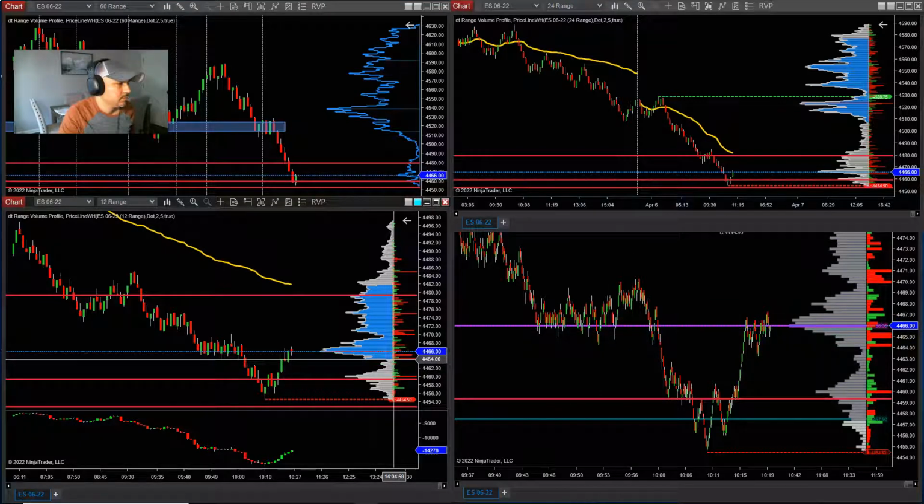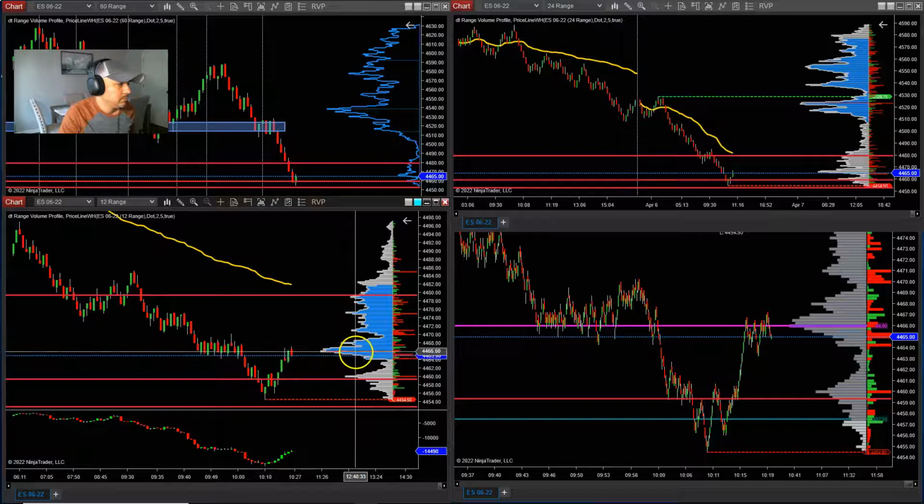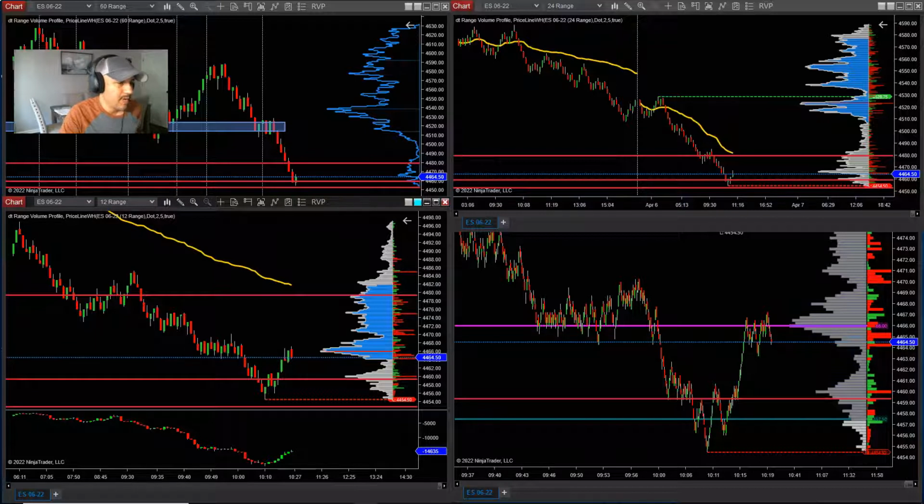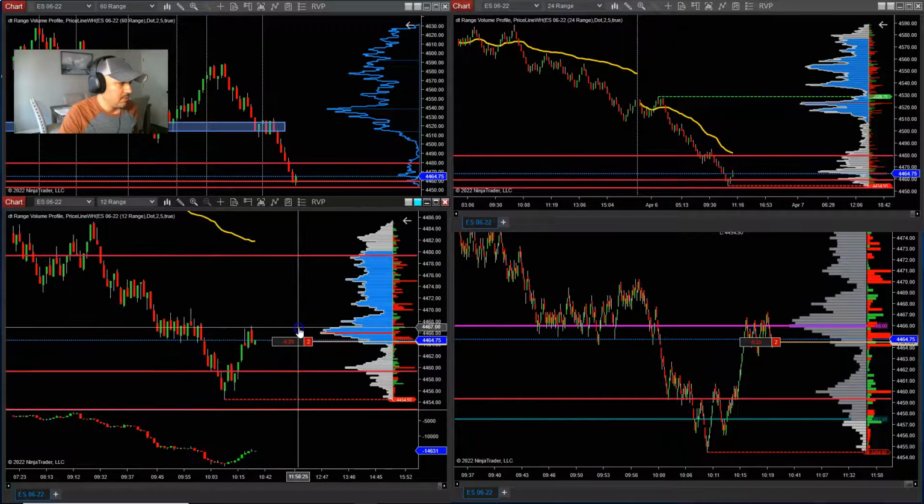I'm not sure. Okay, we're at the VPOC though. Price is right below the VPOC, so let's be a little iffy on this trade. I just want to be careful here. All right, I'm short.